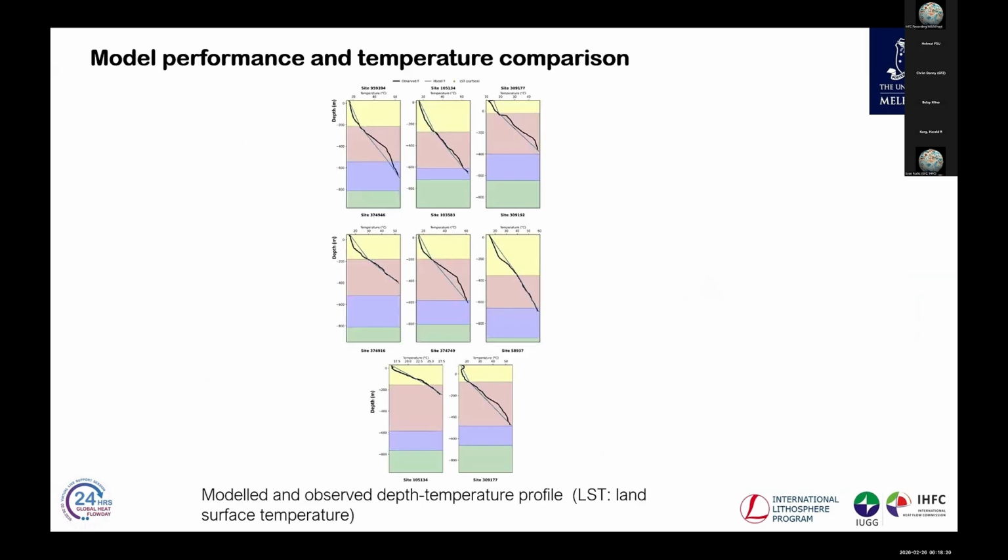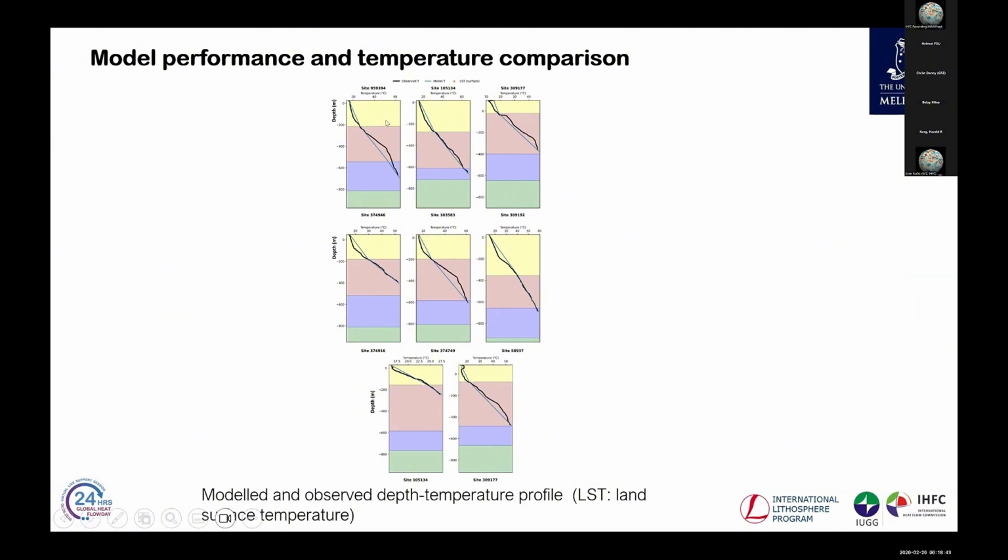This figure shows the comparison between the model and the observed temperatures, and the orange dots also show the surface temperature. At some of the sites we compare the depth temperature profile.